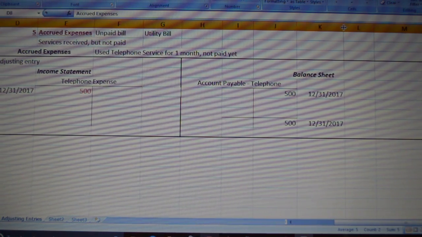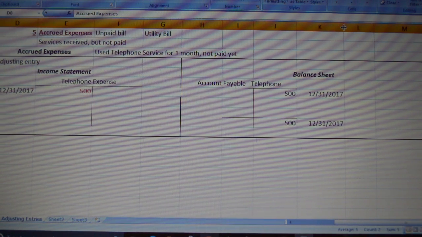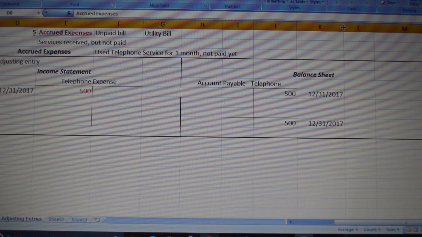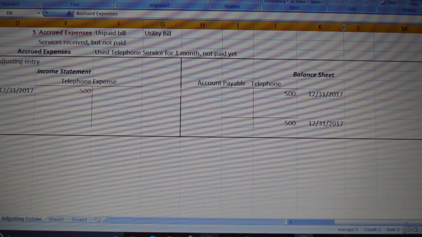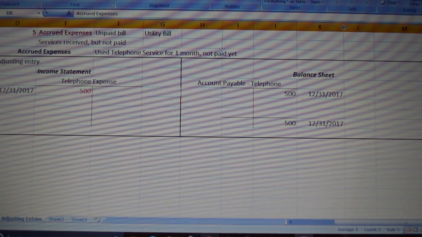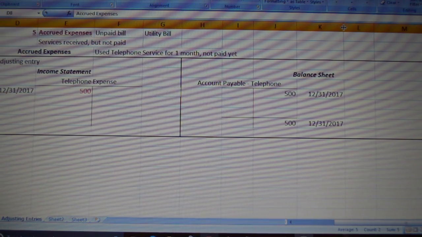We have to record the expenses in the period to match the revenues. So on December 31, we know that our telephone bill is going to be $500 for December. So we will record the accounts payable $500 and we will also record the expense for $500.